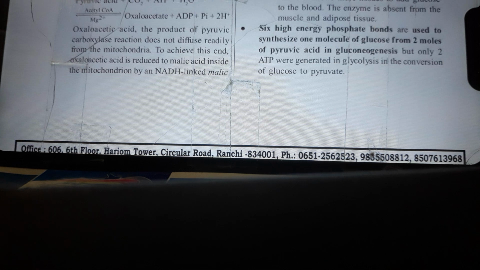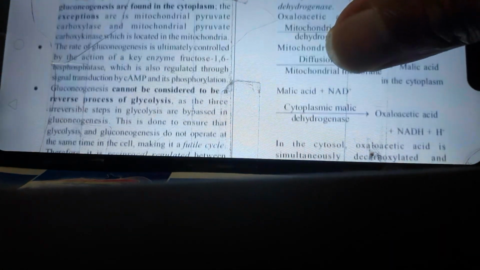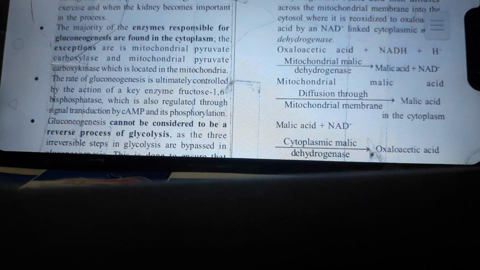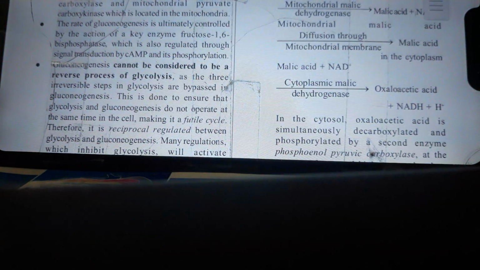Oxaloacetic acid, the product of the pyruvate carboxylase reaction, does not diffuse readily from the mitochondria. To achieve this end, oxaloacetic acid is reduced to malic acid inside the mitochondria by an NADH-linked malic dehydrogenase. Malic acid then diffuses across the mitochondrial membrane into the cytosol, where it is reoxidized to oxaloacetic acid by an NAD plus linked cytoplasmic malic dehydrogenase.